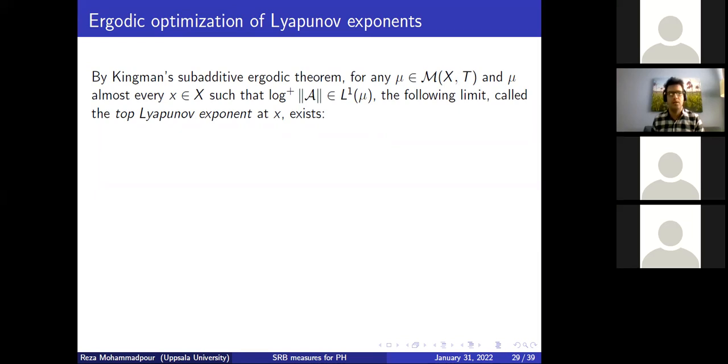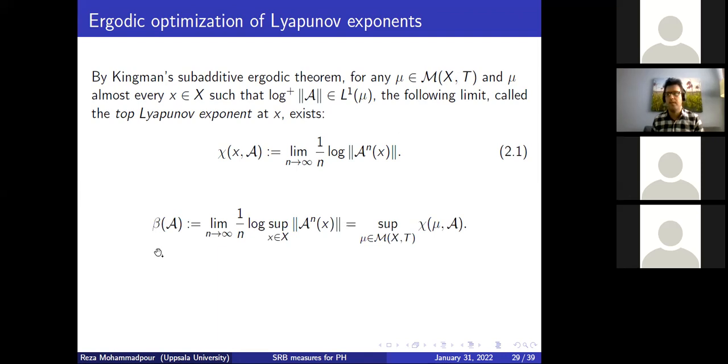Let me remind you what ergodic optimization of the Lyapunov exponent is. By the Kingman subadditive ergodic theorem, we know that for any mu in the space of T-invariant Borel probability measures, and mu-almost every x such that the positive part of the log norm is integrable, the top Lyapunov exponent, the limit of 1 over n log norm of A_n(x) as n goes to infinity, exists. So one may ask about the supremum value of these things.